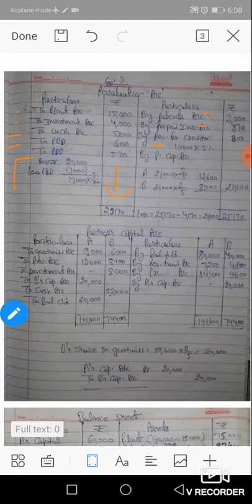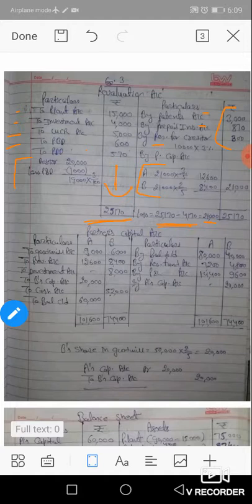Now balance. Okay, the debit side is higher. Total of the debit side is 25,170, and total of the credit side is 4,170. So 25,170 minus 4,170 equals 21,000. Yes, 21,000 is the loss of the revaluation account, which is transferred to the partners' capital accounts, A's and B's, in the ratio 3 to 2.